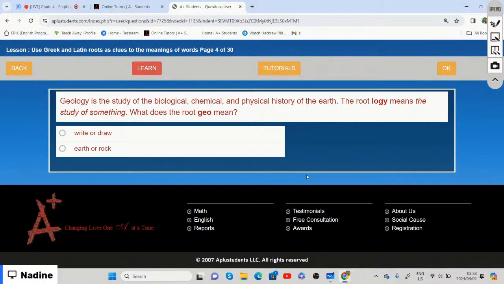So we said geology is the study of the biological, chemical, and physical history of the earth, and the root logi means the study of something.